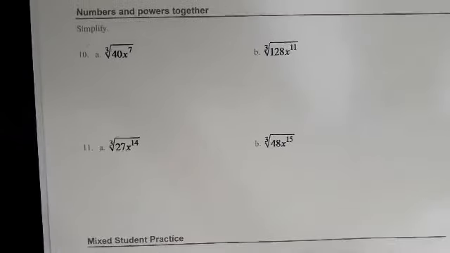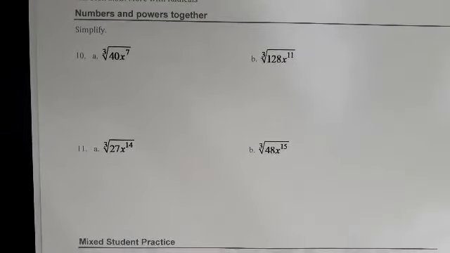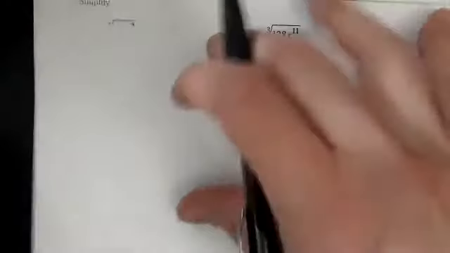Okay, so now they gave us numbers, they gave us letters, variables, and so now we want to do numbers and letters. So, numbers and variables, we're doing cube roots. So 40, we want to look at 40. So if I start, maybe looking at perfect cubes might help us.